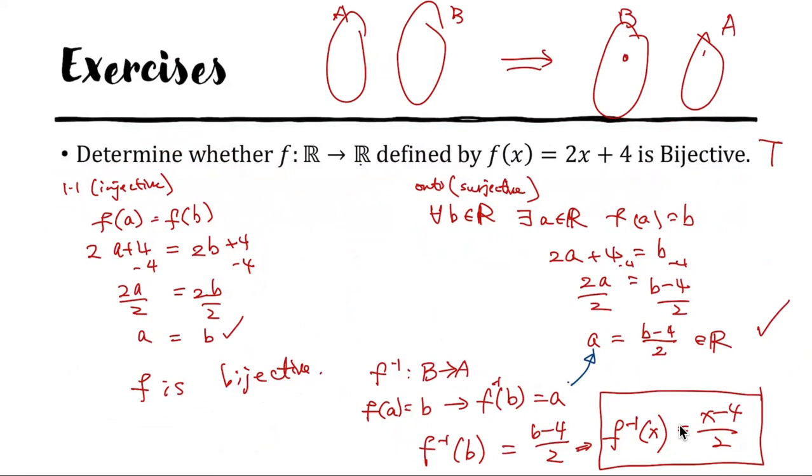If your function is not injective, that means multiple inputs go to the same output. Then when you take the inverse, this B here goes to multiple outputs, so this is not a function. Right, so that's why it needs to be one-to-one, or injective.